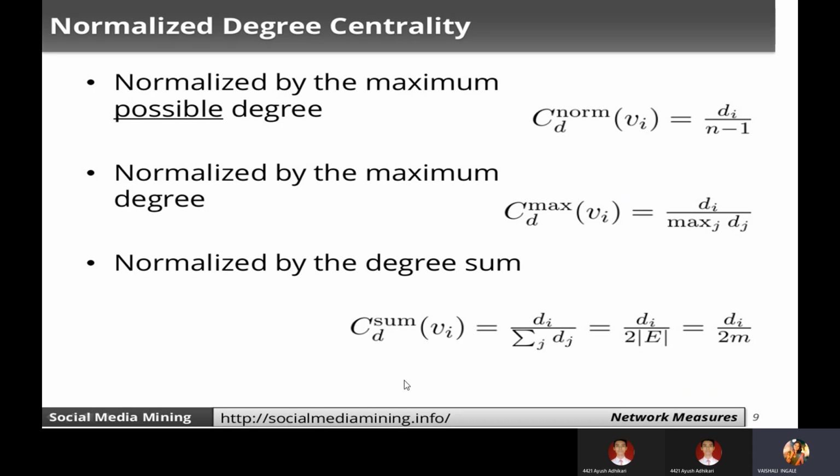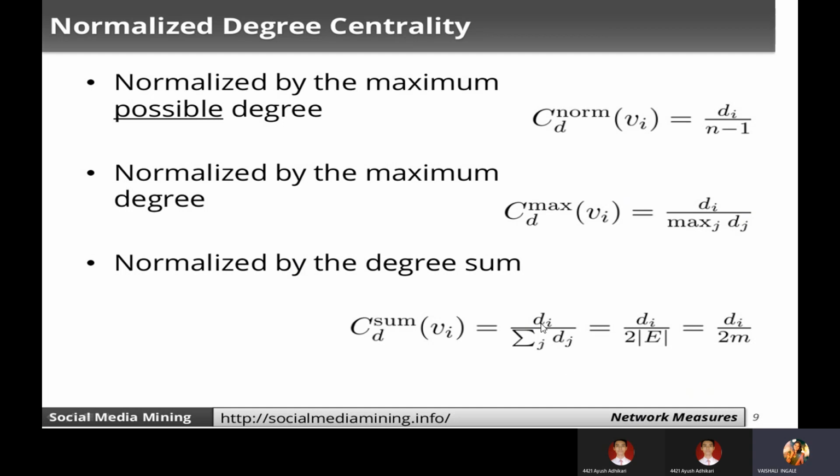We want to find out the centrality of the vertex Di, that is nothing but the degree of vertex Di, and we are going to sum all the degrees of the other vertices other than Di, and that will be divided by that.